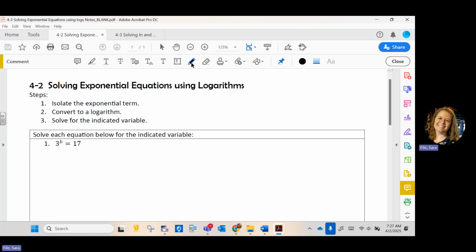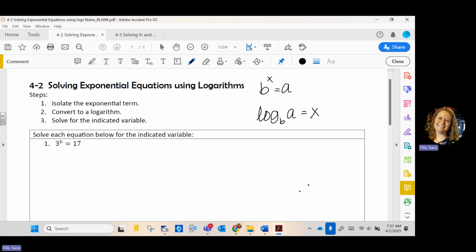We go from exponential form to log form, where the base of the exponential becomes the base of the log, what the exponential was equal to is the argument of the log, and the exponent is what the log is set equal to. That's the conversion we're doing in step 2.